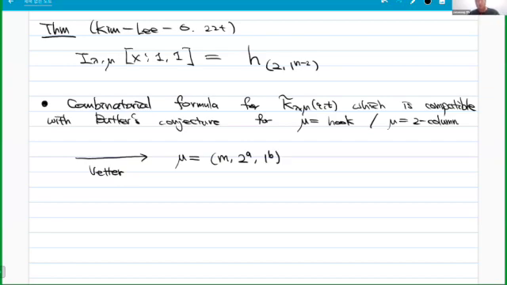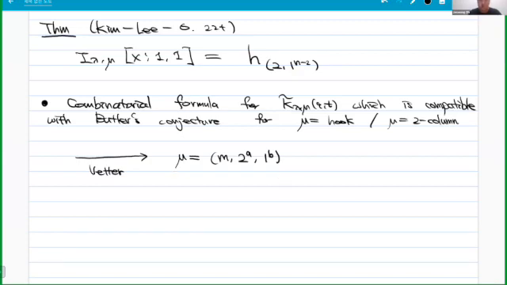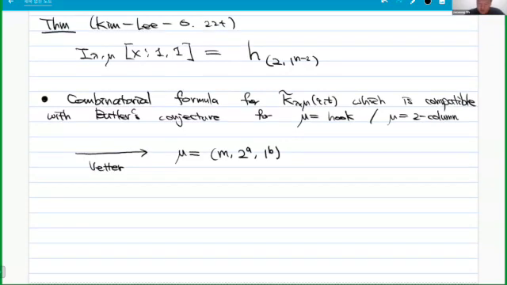In this shape, he's trying to give a combinatorial formula for the qt-Kostka polynomial which is compatible with Butler's conjecture. Okay, so this is all I have for today.